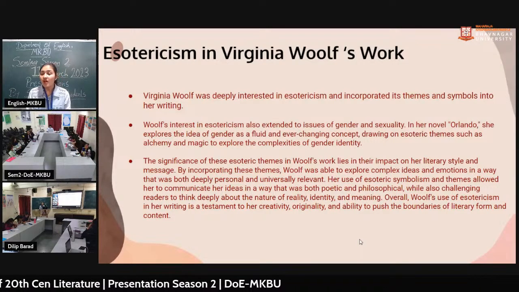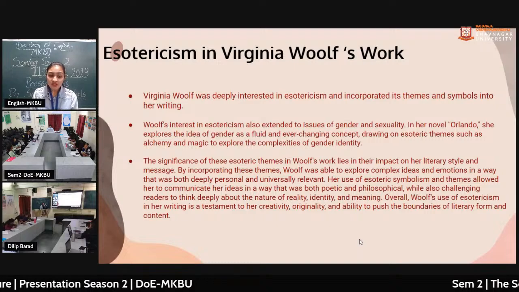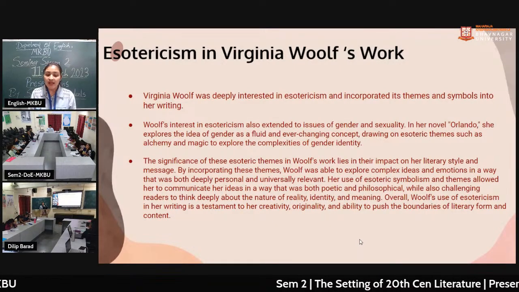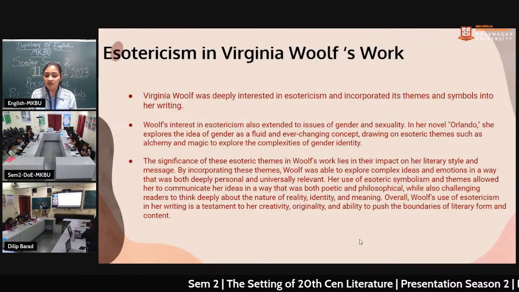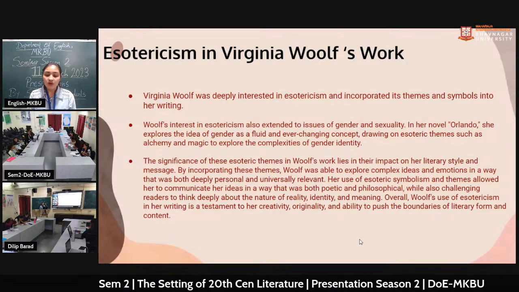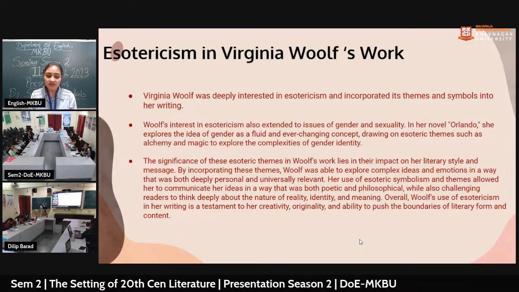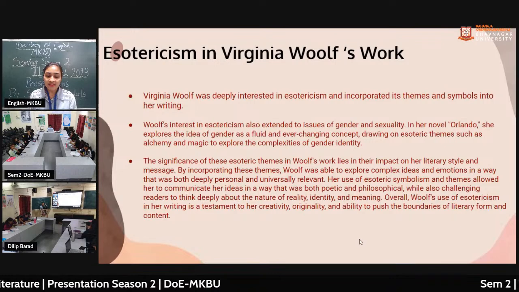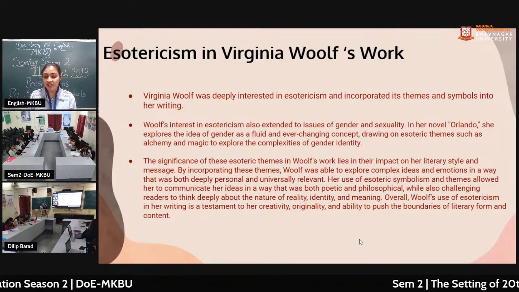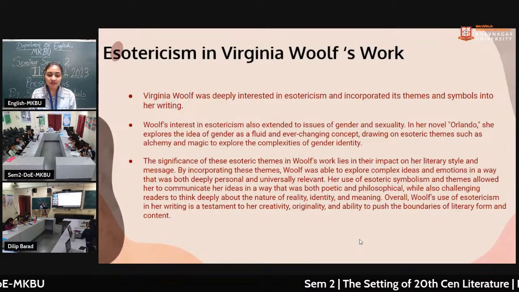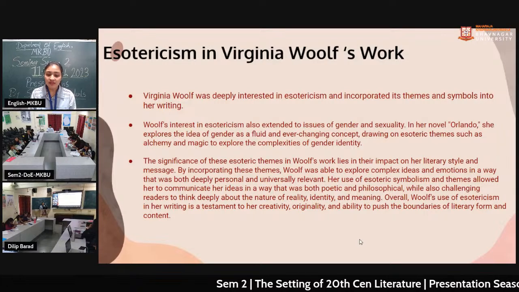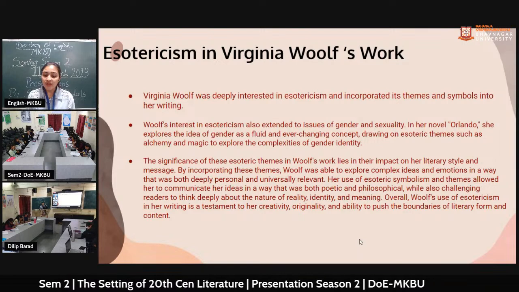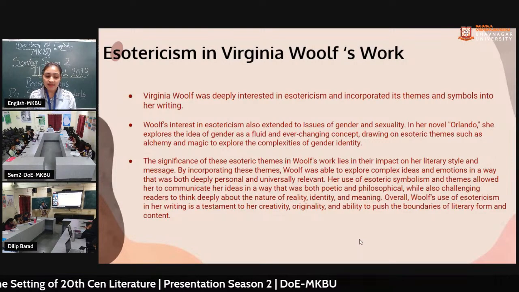In her famous novel Orlando, she explored the idea of gender as a fluid and ever-changing concept, drawing on esoteric themes such as alchemy and magic to explore the complexity of gender identity. The significance of these esoteric themes in Woolf's work lies in their impact on her literary style and message.